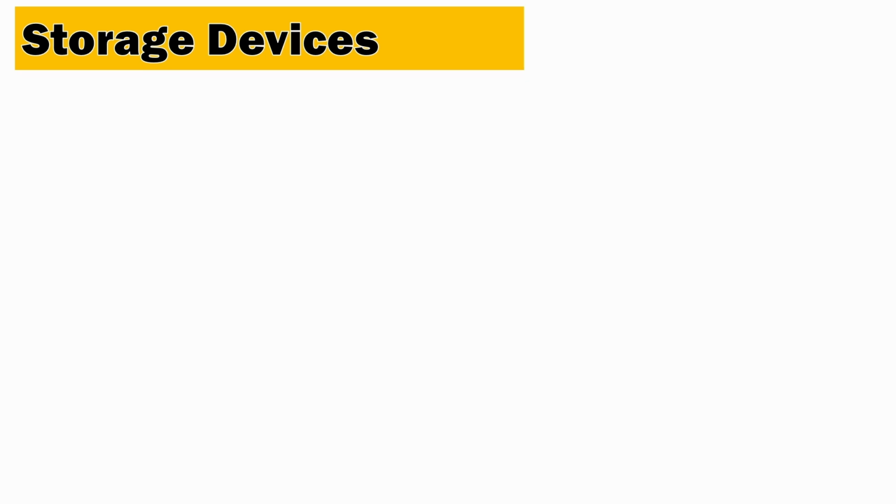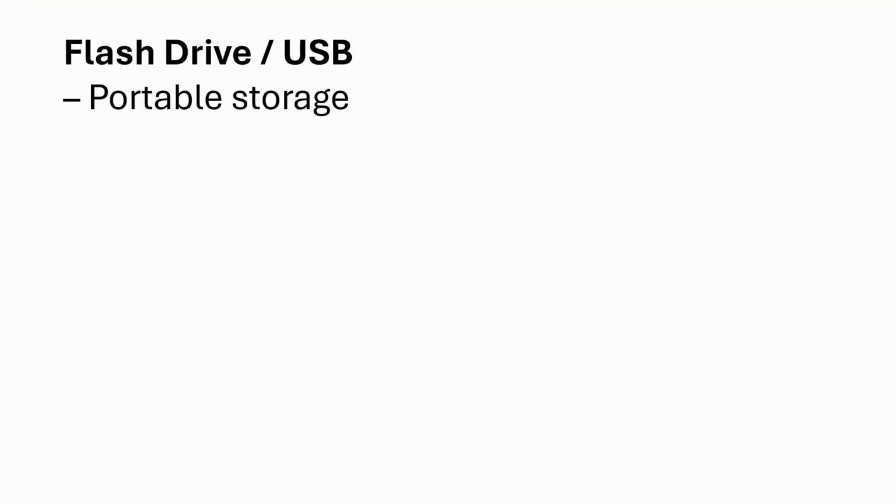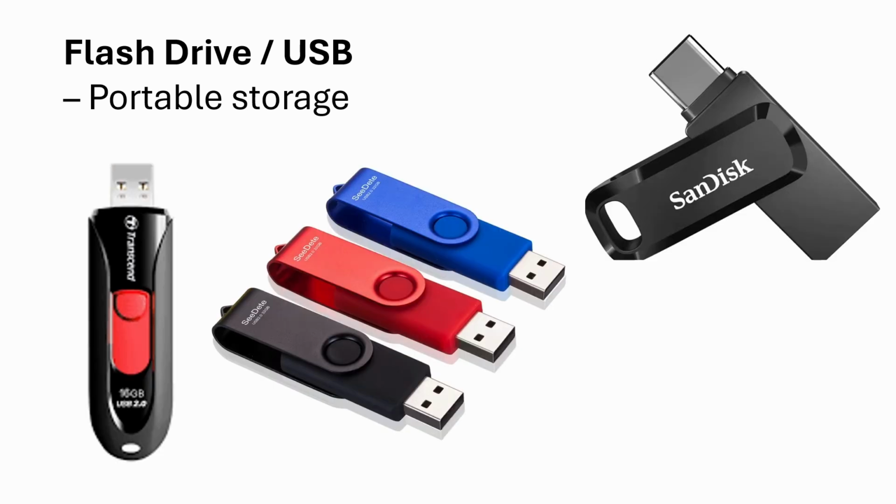Okay, next are the storage devices. Example, we have the hard drive, or HDD, or SSD, which is the internal storage. Next is flash drive, or USB. This is portable storage.